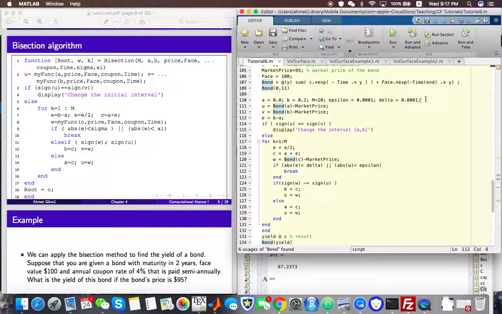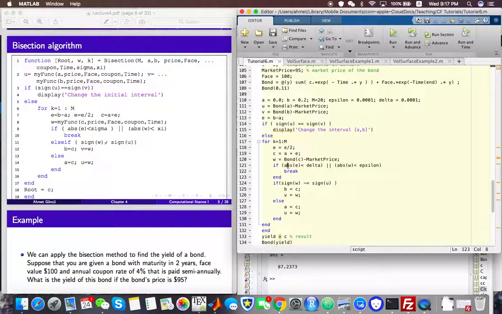I also need to introduce a few extra parameters. This m here defines the maximum number of iterations I want to continue taking the half points of these intervals. I set this equal to 20. Then I need to introduce some tolerance levels for my stopping criteria. We need to check whether a convergence or stopping criterion is satisfied or not.